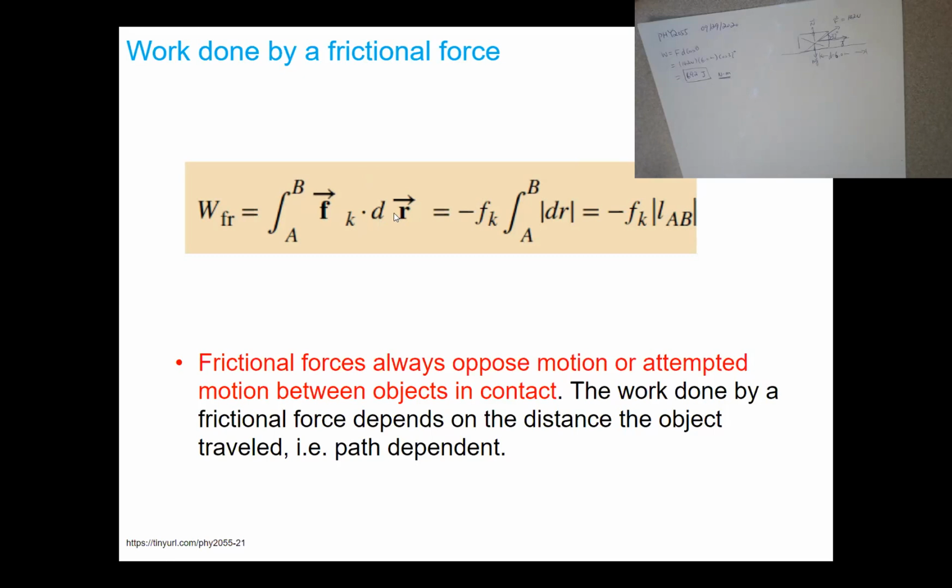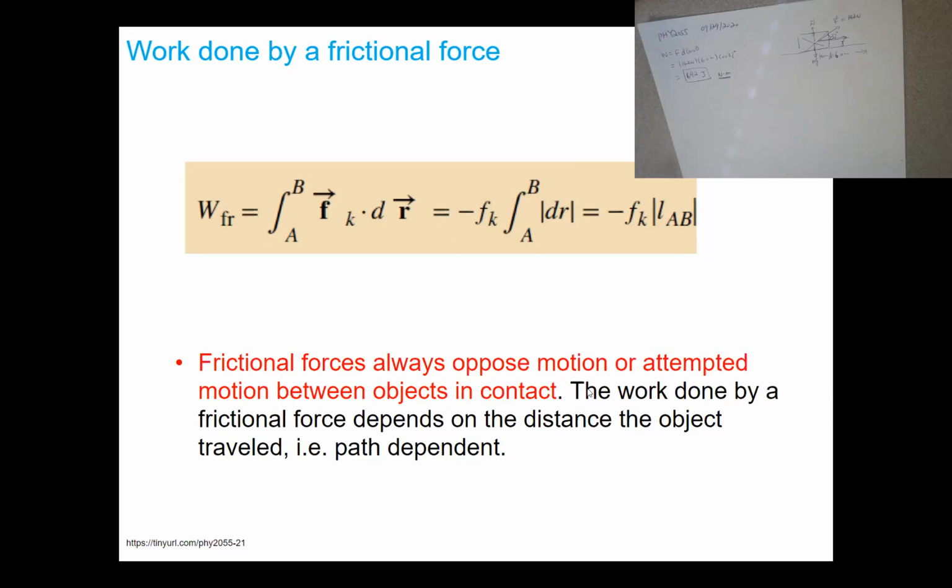That means the angle theta between these two vectors is 180 degrees, and cosine of 180 degrees is -1. So that gives you this minus sign, so it will be negative.